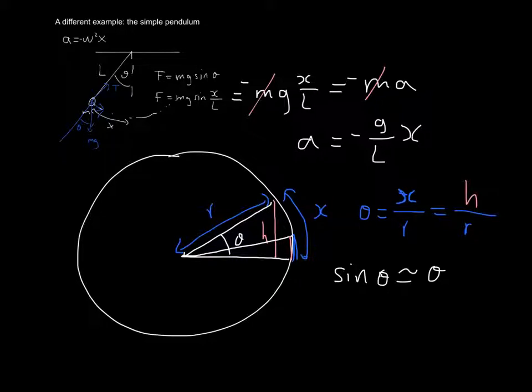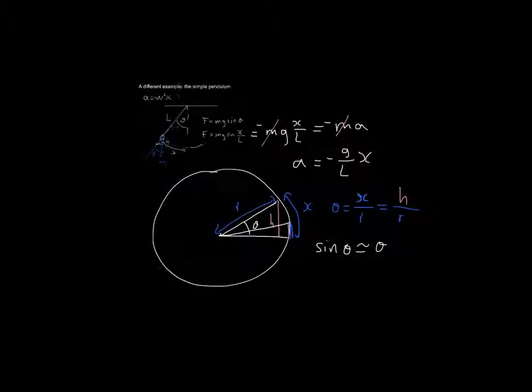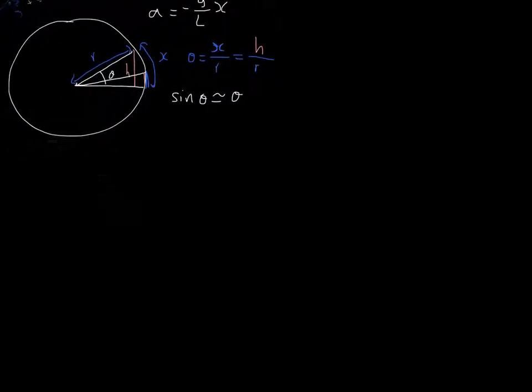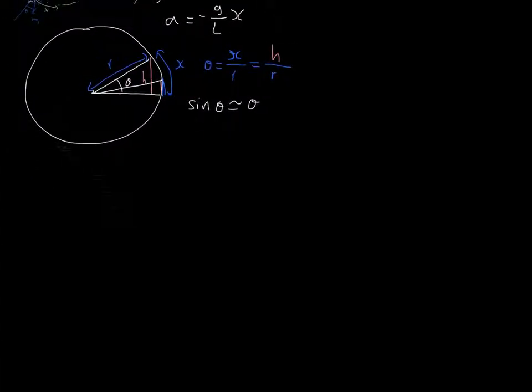So now I can use this to find the frequency of the movement. So let me zoom out again, and let's put these things together. So again, for a pendulum, I have that a equals minus g over L times x.